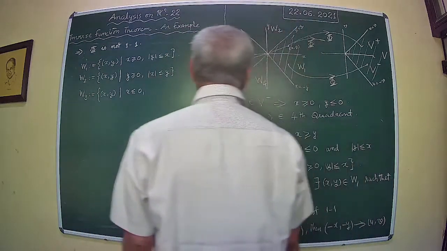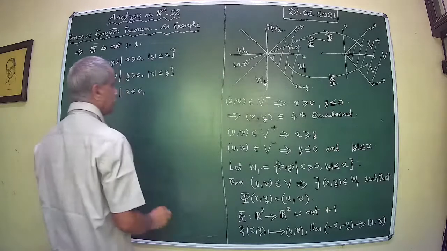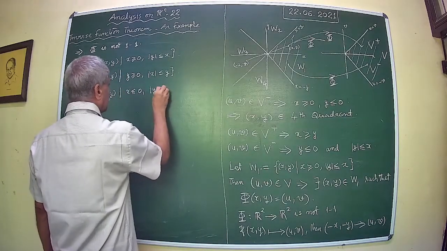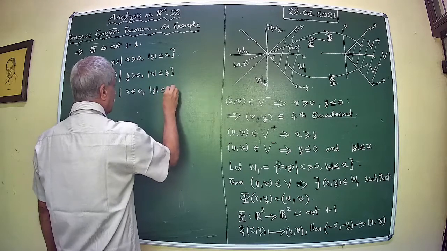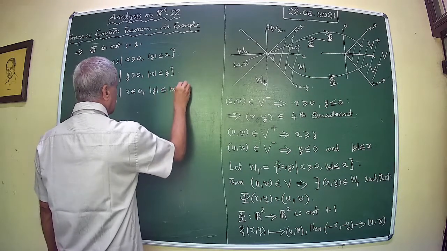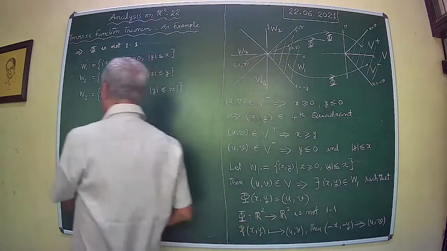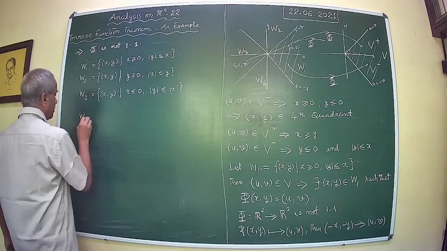So you have mod y, then you have W3, W4.